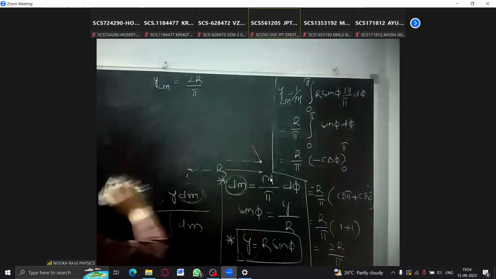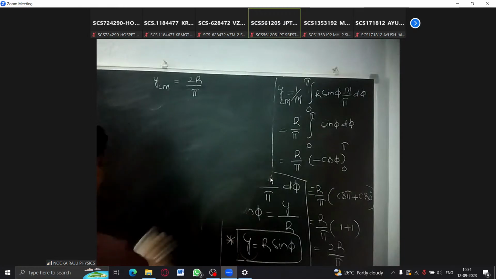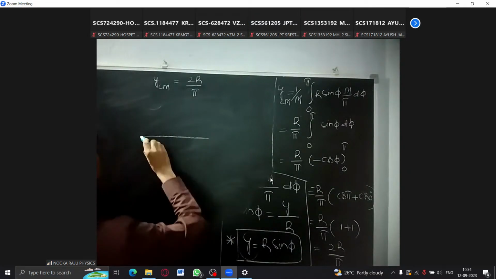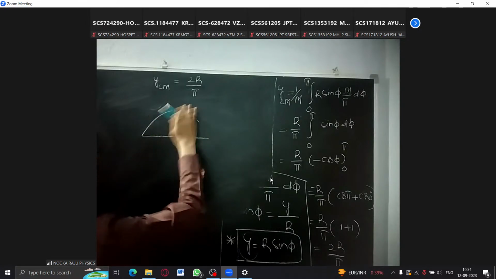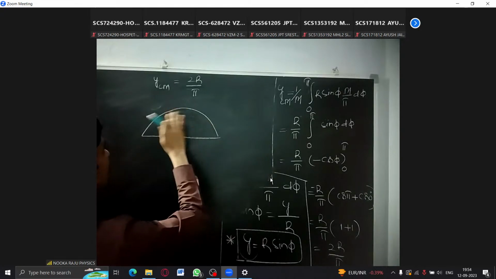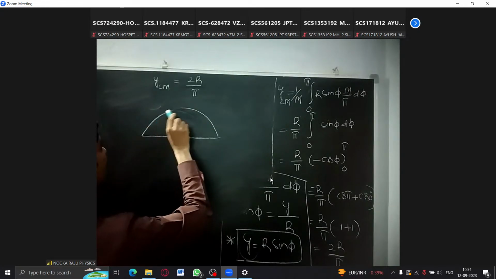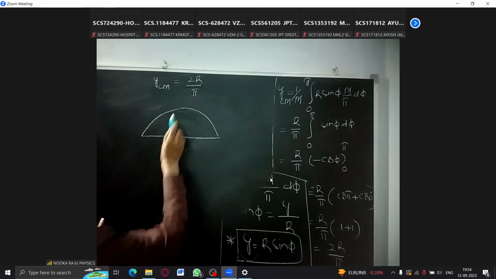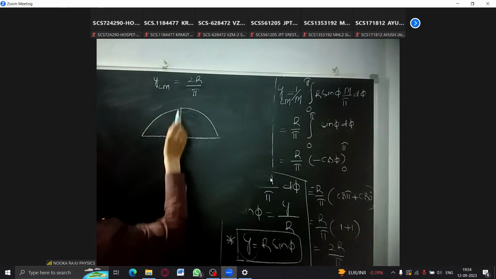Please try to understand. Now, consider this is a semicircular ring. Where is the center of mass located on the y-axis? Assume it is at 2r by pi.